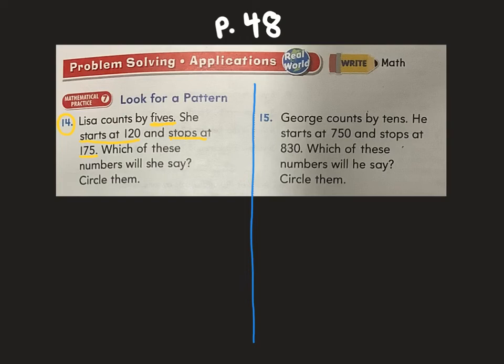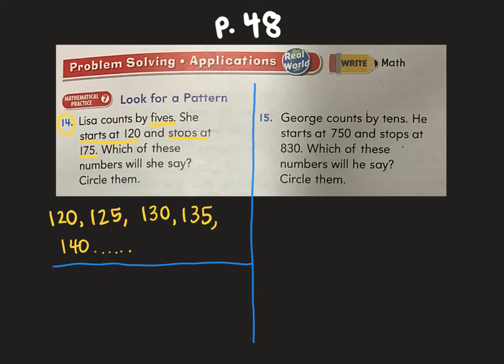One way you can do this is you can just count and write down all the numbers that she could possibly say from 120 to 175. Take a moment to keep going to check, and then we'll go over it.